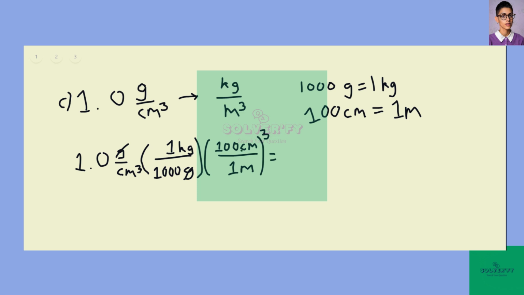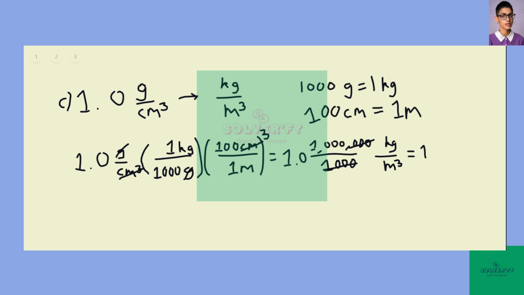And so we can cross off the centimeters cubed, leaving us with 1 times 100 to the third, which is actually 1 million, divided by 1,000 grams. And we're left with kilograms per meter cubed. 1 million divided by 1,000 just gives us 1,000.